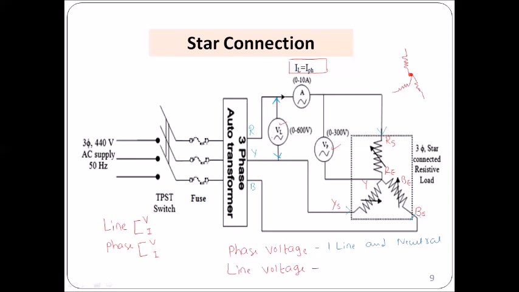We are now measuring between two of the phases, so this is called line voltage. Line voltage is between two lines, that is R and Y, or R and B, or Y and B. This is how to understand it: phase voltage means between the neutral point and any one line, whereas line voltage is between two lines. This is the definition for line voltage and phase voltage for star connection.